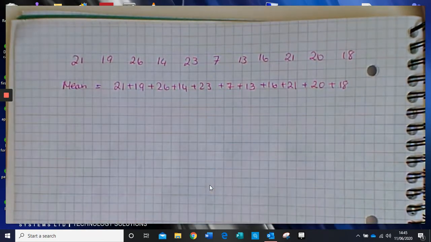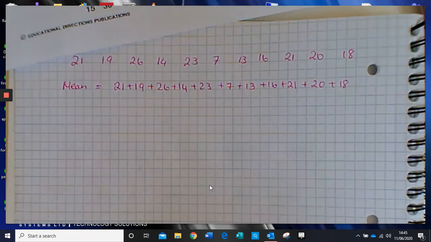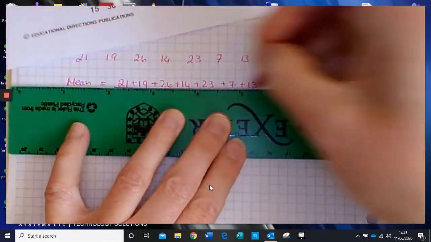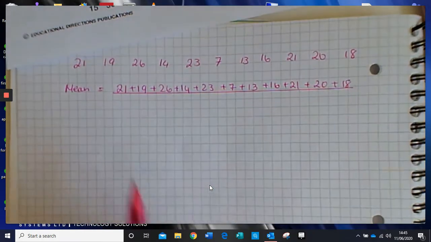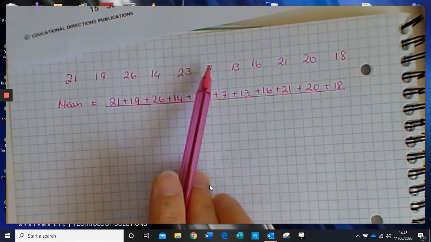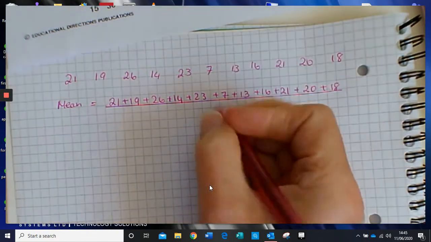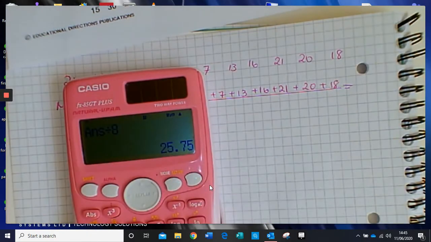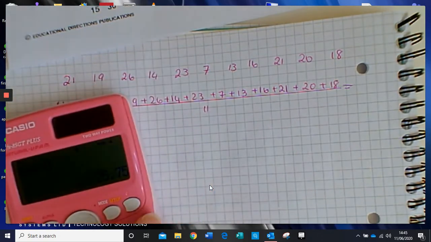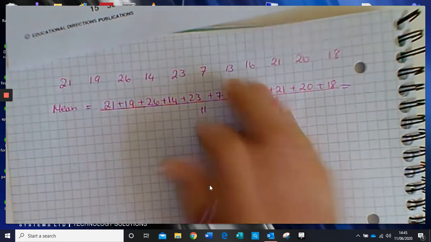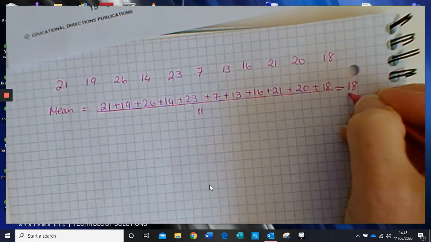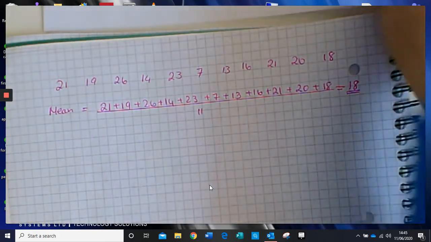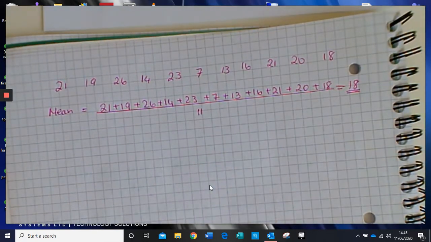And I'm going to divide that, where's my ruler, because I want to be neat, by, let's count, 1, 2, 3, 4, 5, 6, 7, 8, 9, 10, 11, by 11. I'm going to pop that in my calculator and work that out. I can tell you now that it's going to be 18, because I've worked this out before I started the video. So I've got my mean, and that is 18.